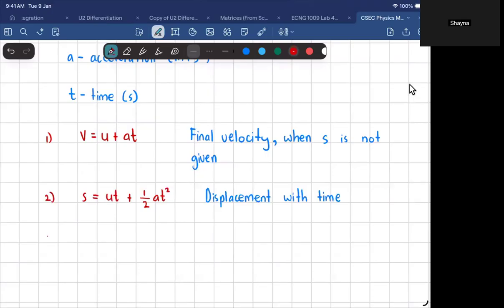Do you remember any more? V squared equals U squared plus 2as. Excellent. And we use this one when no time is given.